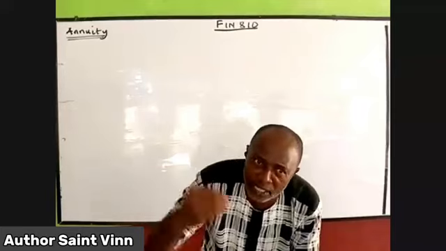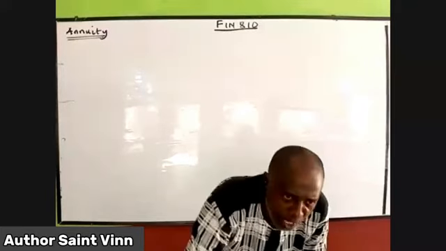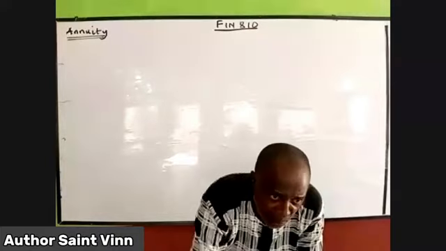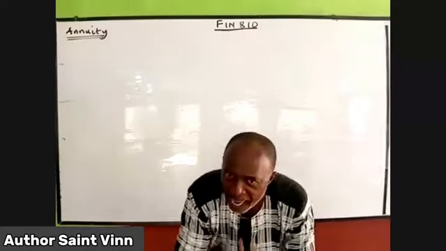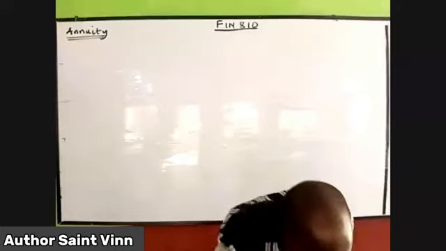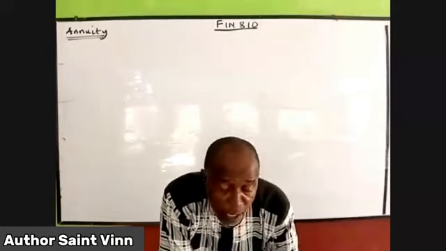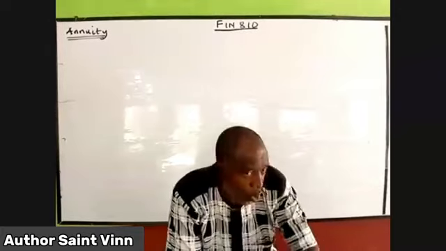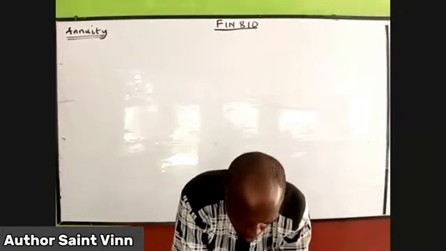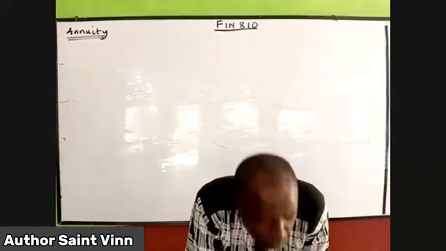At the end of the year, at the end of the month, at the end of the quarter, at the end of the day, because a day has a beginning and an end. At the end of the year, that is ordinary annuity. You can say at the end of the year, but because we have months, we say at the end. Close the bracket.